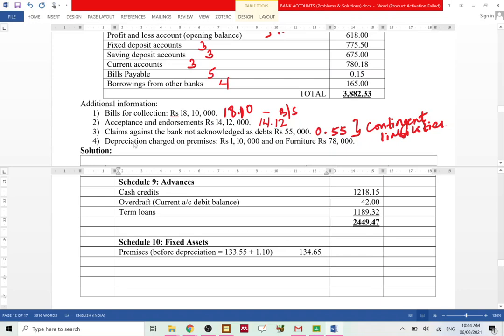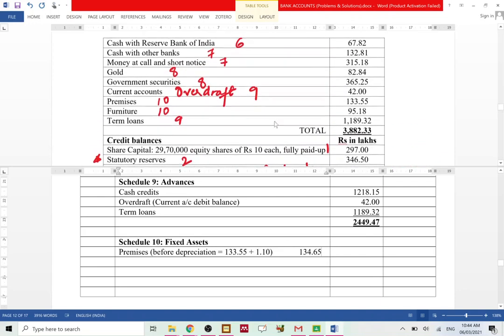Do not get confused at this part. We are not minusing depreciation from these balances which are given. These balances are after depreciation was already charged. So we are doing a reverse calculation and getting the written down value of the premises before depreciation was charged. So you are adding back this depreciation to the 133 to get the value before depreciation. And now from this we are going to show how much depreciation was charged and what was the balance after depreciation.